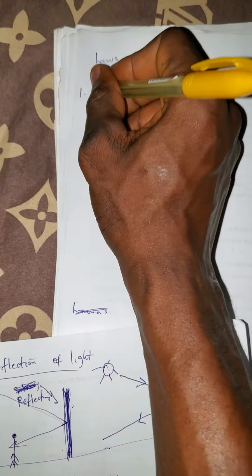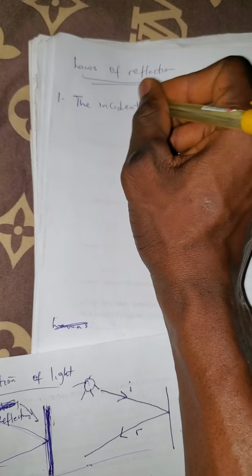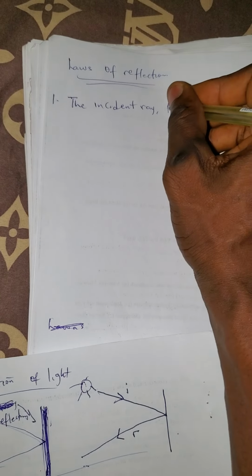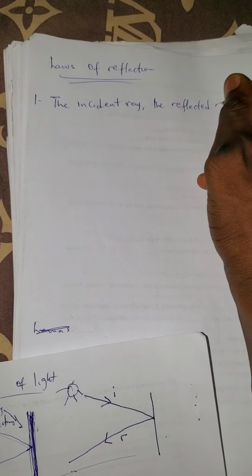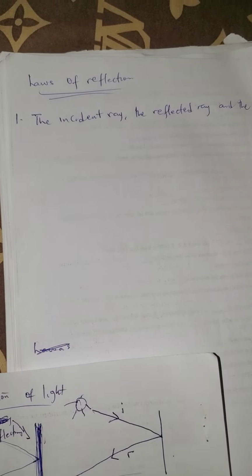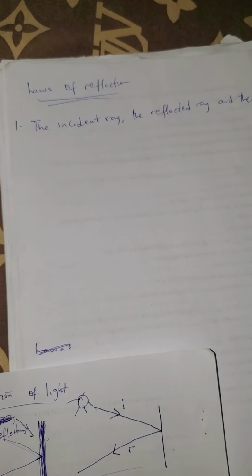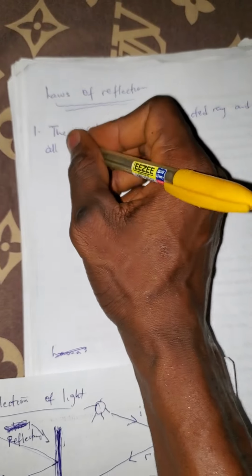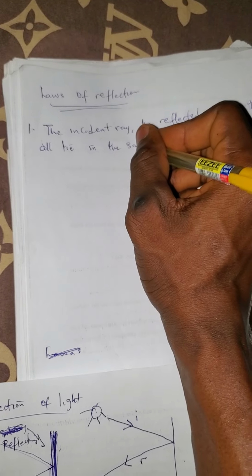The first one says the incident ray, the reflected ray, and the normal all lie in the same plane.